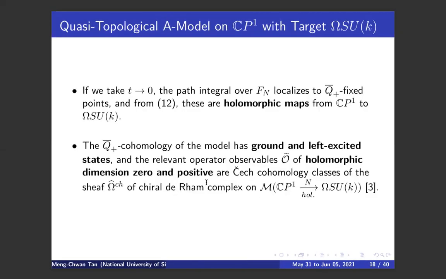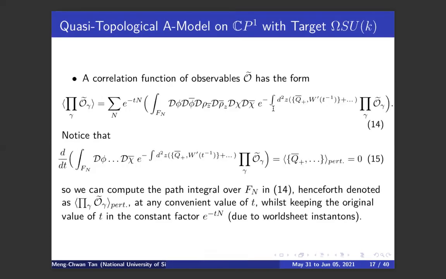Okay. So we have the holomorphic dimension 0 and positive, and these are given by Čech homology classes of the sheaf of CDR on this space now. That's because this correlation function localizes to holomorphic maps.